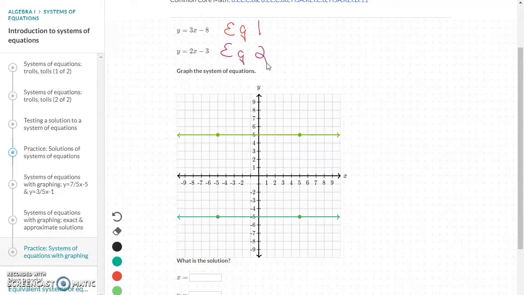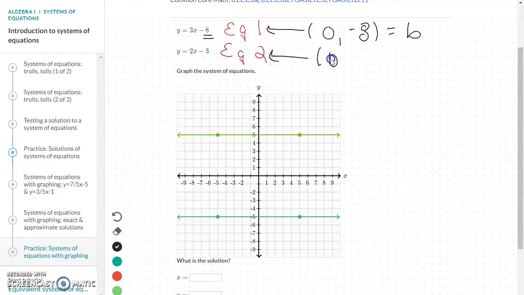So I identified the first equation as equation 1 and the second equation as equation 2. And the point here is when you're solving systems, no matter which method you use, you are looking for a point where they intersect, and if you plug it in and solve it mathematically, it will be a true statement and it will be the point of intersection.